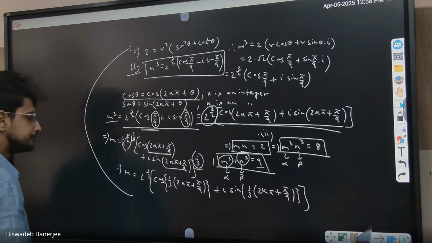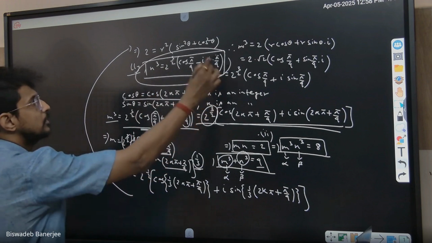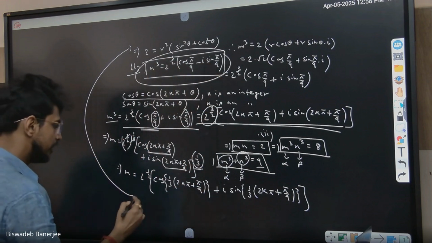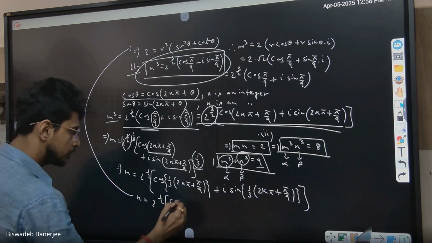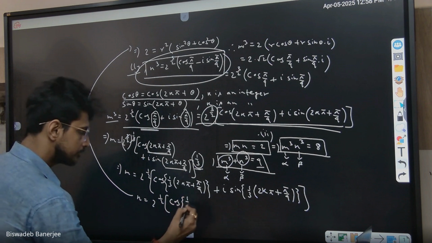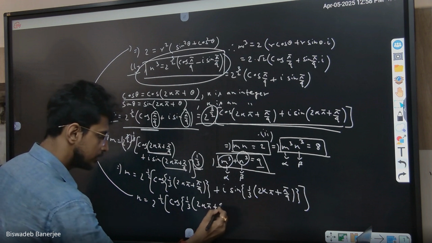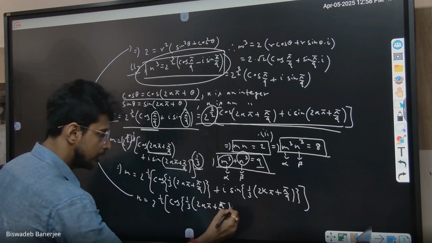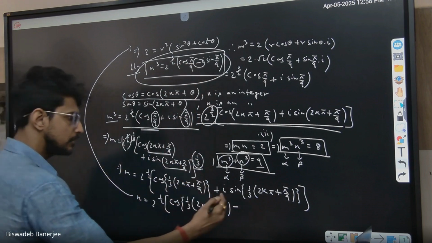So similarly, what is my n? This is my n cube. Exactly in a similar way, we can find that my n equals 2 to the power half cos 1/3, and see that there is a minus sign, that is why there is a minus.